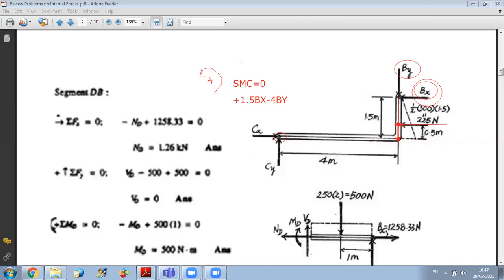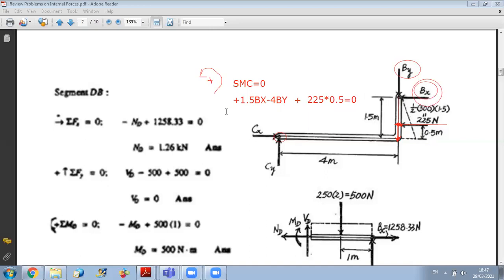So it's plus the value of this load. The value of this load is equal to the area of the triangle, which is half times 300 times 1.5. So it's 225. So it's plus 225 times the distance, which is 0.5, equals 0.